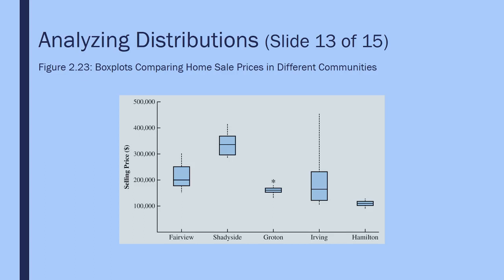To compare the home sales from different communities, we have created box plots for recent home sales in each community. The most expensive houses appear to be in Shadyside, and the cheapest house is in Hamilton. The median home selling price in Groton is about the same as the median home selling price in Irving. However, home sales prices in Irving have much greater variability.